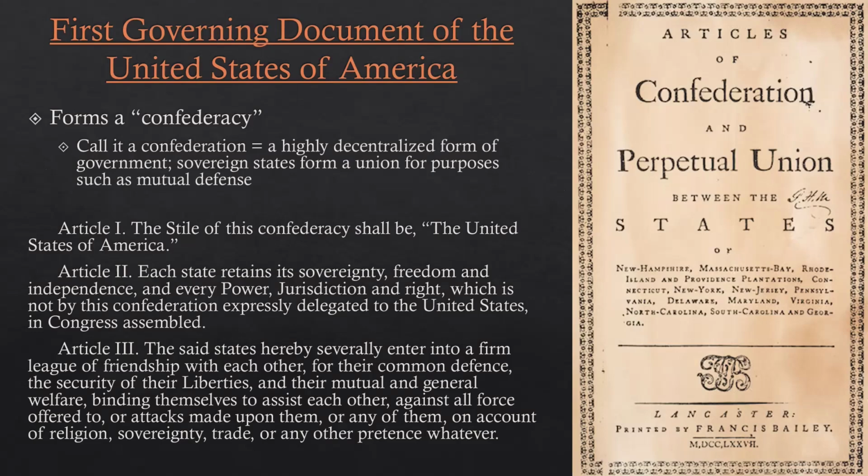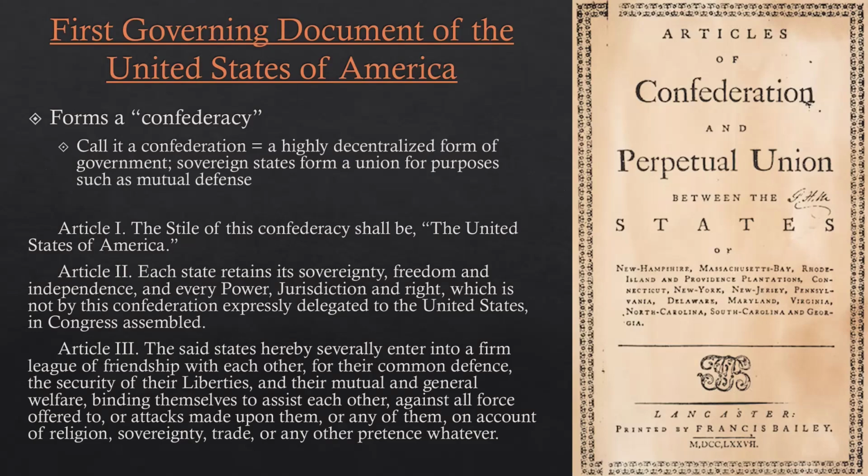And I've got the first three articles of that printed on the slide so that you could get a sense of what they're doing. I'm going to read a little bit from Article 3. The said states hereby severally, so that means independently of one another, hereby enter into a firm league of friendship with each other.